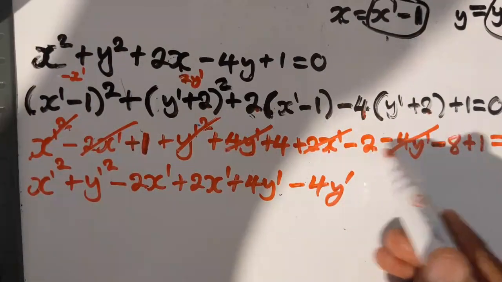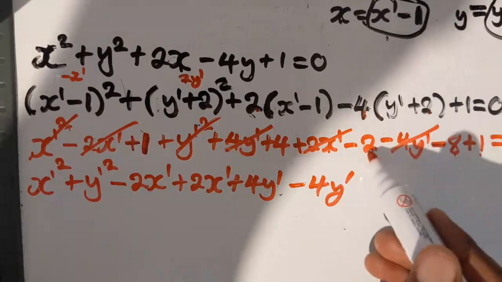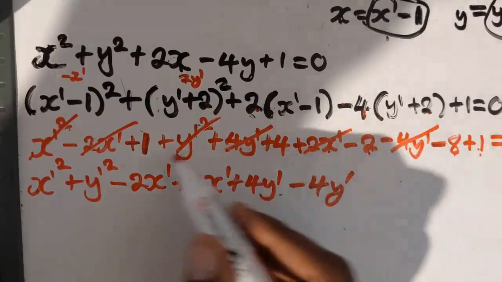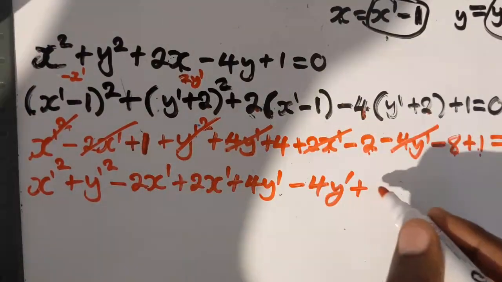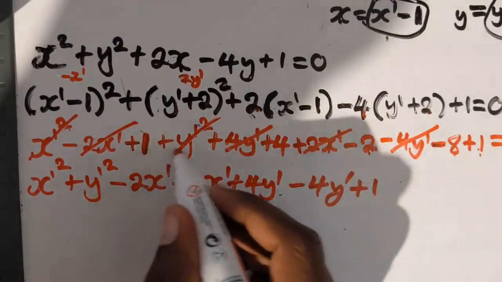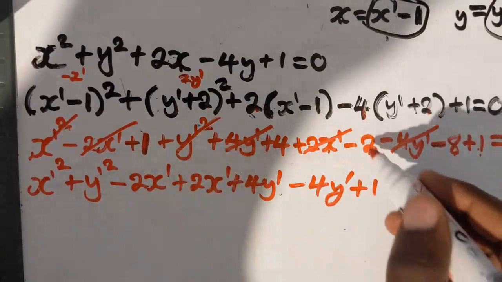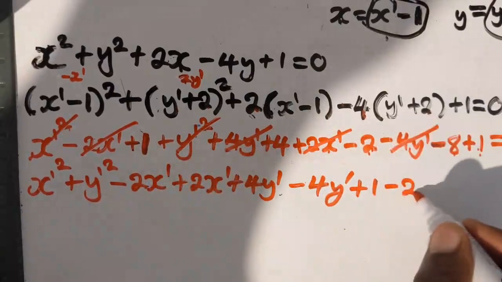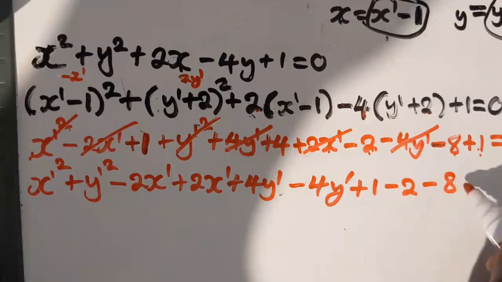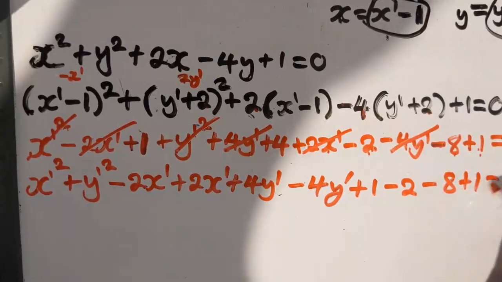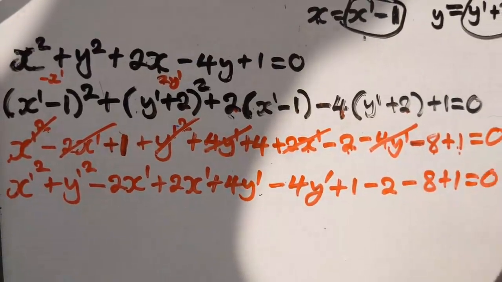So you have just numbers or constants without any letter attached to them. So you're going to say this is positive 1, so just bring them positive 1. This is positive 1. Do you have any number? We have negative 2, so negative 2. That's negative 8. Then we have plus 1, then equal to 0. As simple as that.